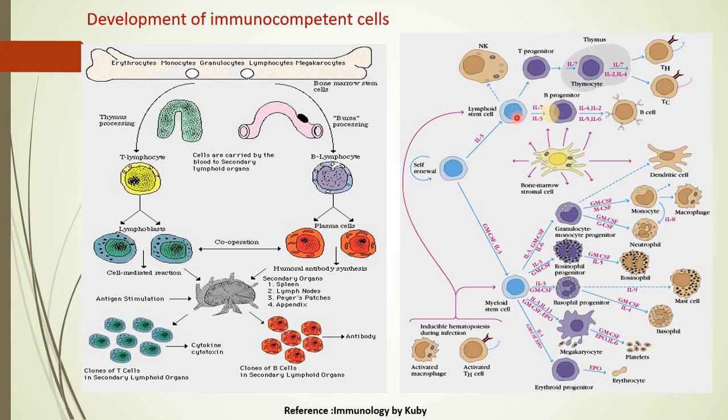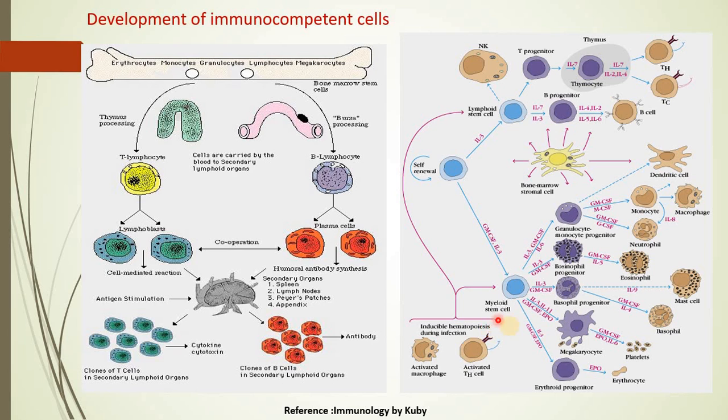Lymphoid stem cells differentiate into T progenitor cells and B progenitor cells. T progenitor cells differentiate in the thymus into T helper cells, T cytotoxic cells, T suppressor cells, or T regulatory cells. Whereas B progenitor cells transform into naive B cells, and when they come into circulation and reach different areas of secondary lymphoid tissue, they transform into plasma cells or memory cells.